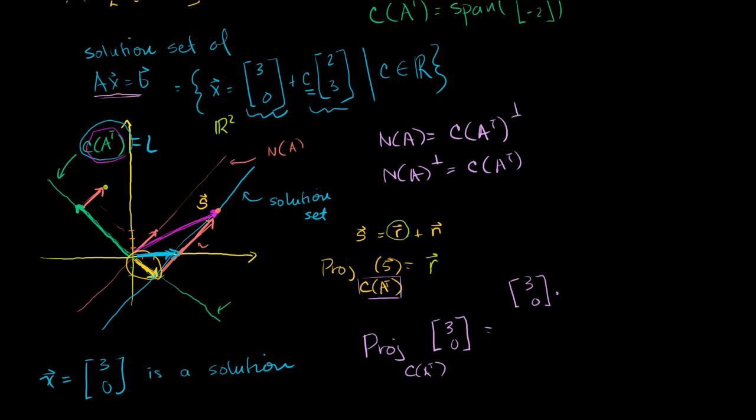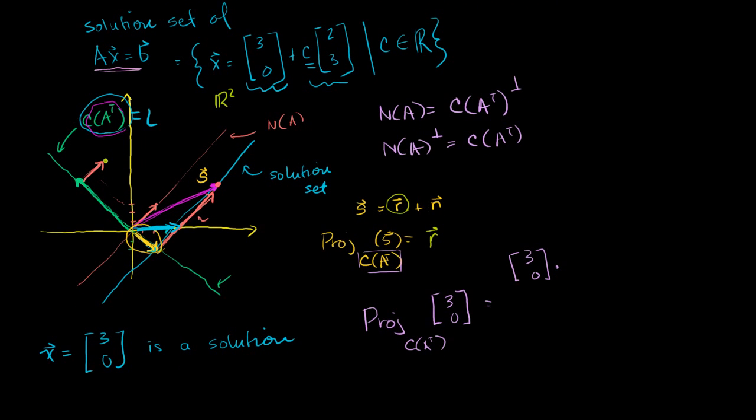There's a bunch of spanning vectors for your row space; this is just the one we happen to pick. So dot 3, minus 2, all over the spanning vector dotted with itself, 3, minus 2 dot 3, minus 2. And then this is just going to be one big scalar, and then we want to essentially scale up our actual spanning vector by that.